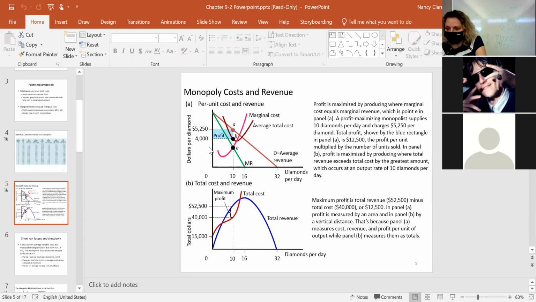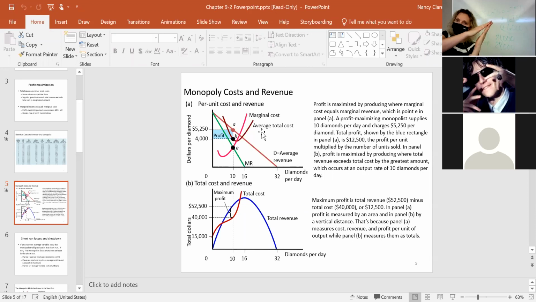You'll see that the cost curves look the same as the ones we have been talking about for chapters now. You have your check mark, your MC, this pink one here. You have this dark brown one here, your ATC. Those look exactly the same. But when you were looking at perfectly competitive markets, you were looking at those curves plus this perfectly horizontal demand curve, which also was equal to marginal revenue.